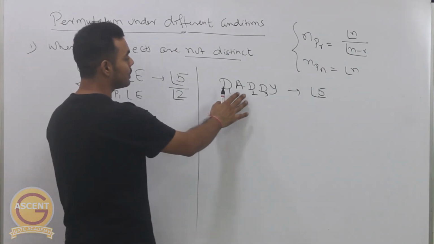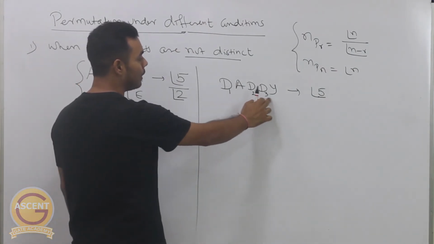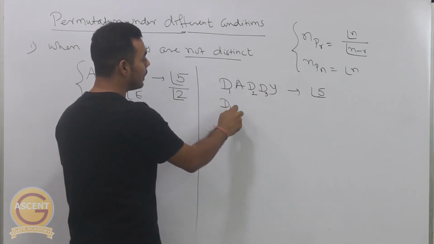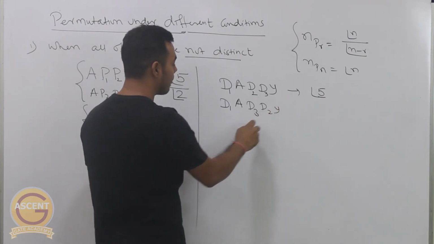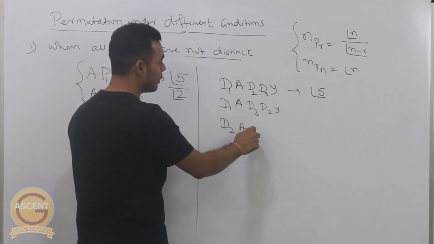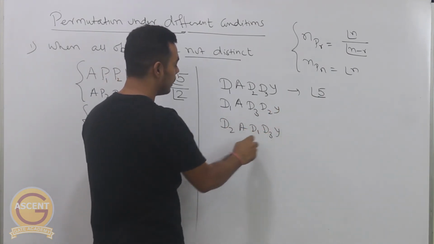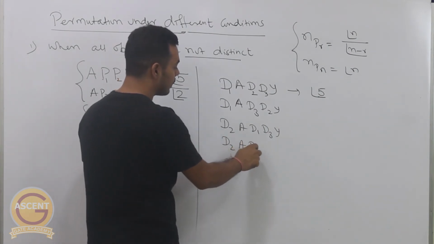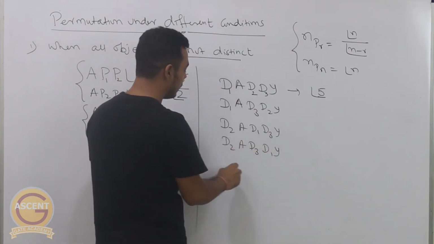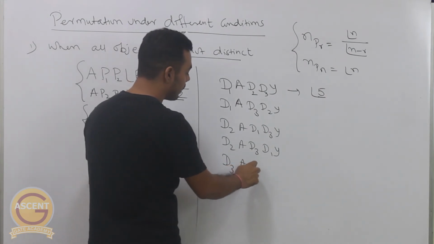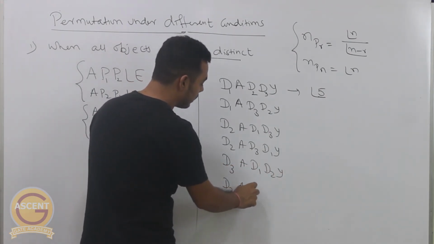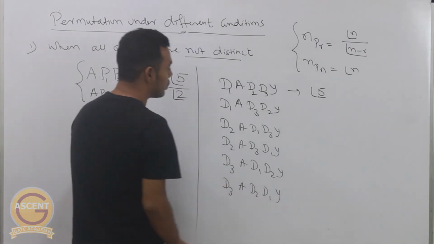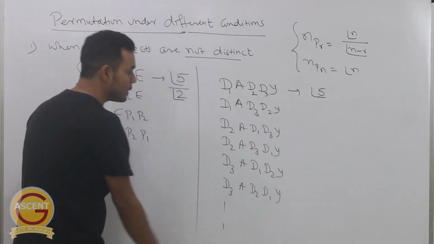Now what are those words? One word is D1 A D2 D3 Y. Another word you can think of is D1 A D3 D2 Y, similarly D2 A D1 D3 Y, D2 A D3 D1 Y, D3 A D1 D2 Y, and finally D3 A D2 D1 Y. In this way a total of 120 words you can form.